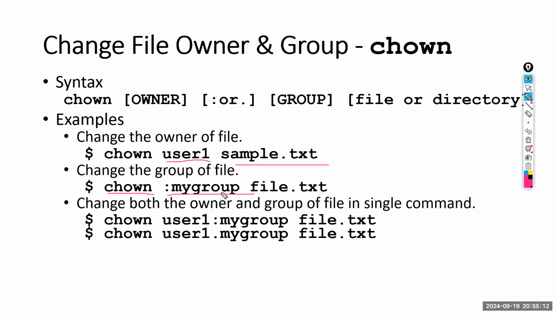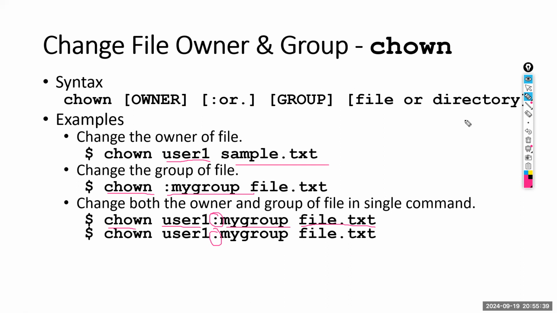And if you want to change both user and group, still use chown. Now these files, user will become user 1, group will become this. Here you can use either colon or dot. That means using the chown command, you can change the user, you can change the group, or you can change user and group both.